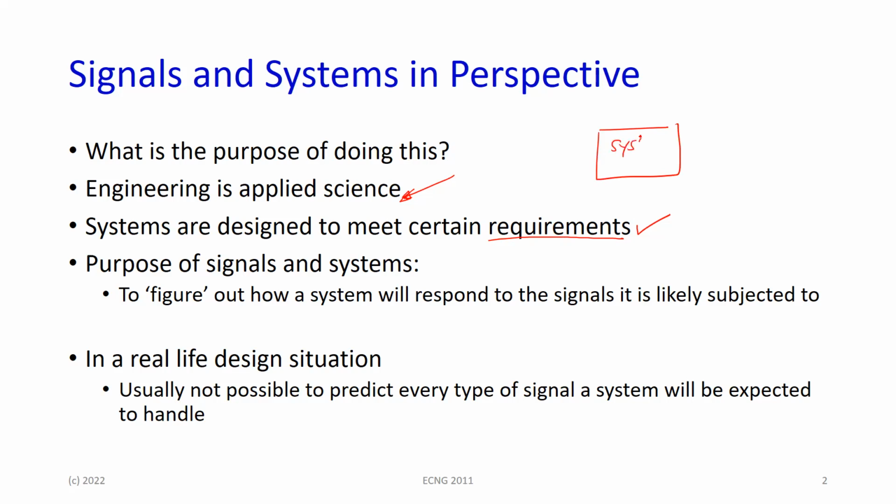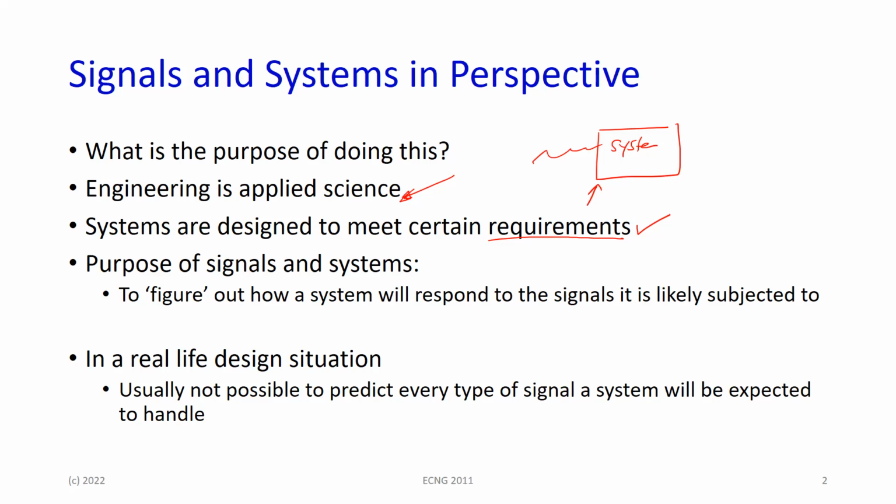So once you make the thing, you have designed a system to meet these requirements. What you have to do now is to figure out how this system is likely to respond to all of the signals coming into it. That is impractical. So what we do is to substitute, for every signal in the world, a certain set of signals that we will use.